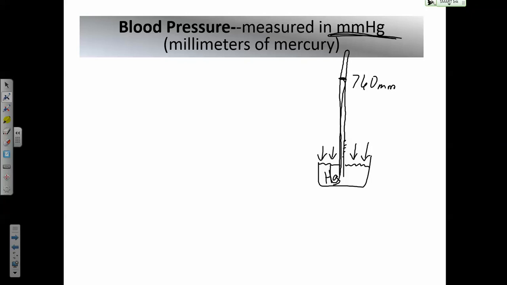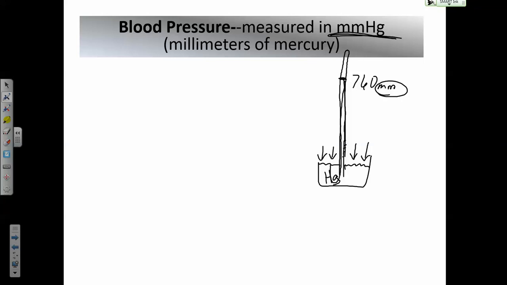If you put any other liquid in that dish, it wouldn't move to the same height. So that's why you cannot say pressure is in millimeters. It's millimeters of mercury, okay? Which 760 millimeters of mercury is 1 atmosphere. That's equal to 1 atmosphere of pressure. The reason I put just millimeters there is because I'm measuring the height of that tube.